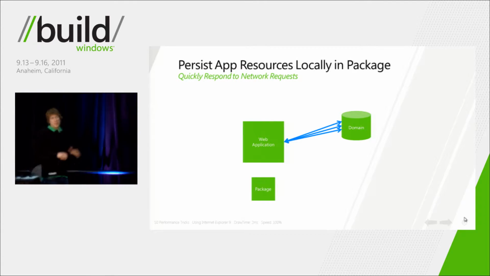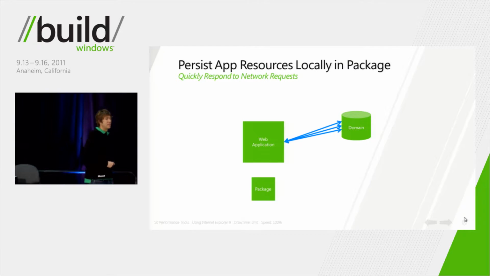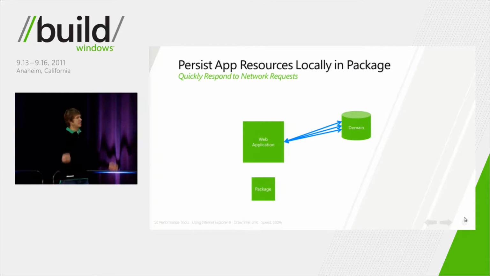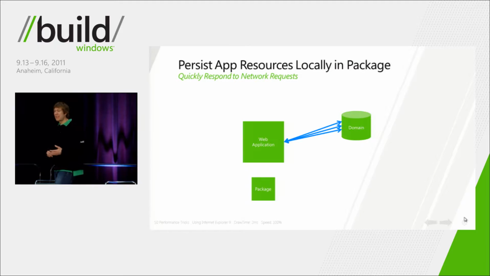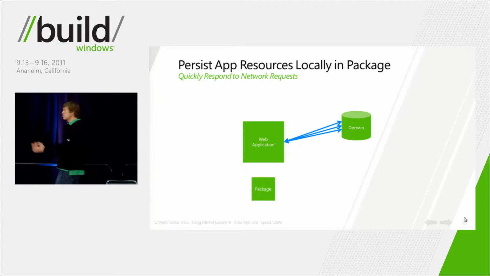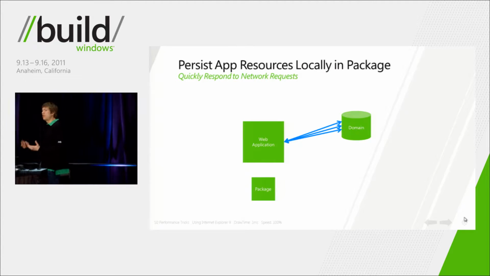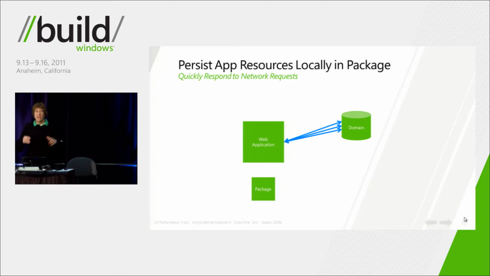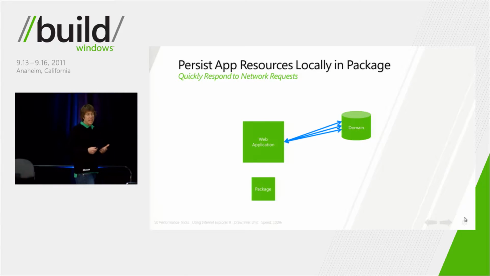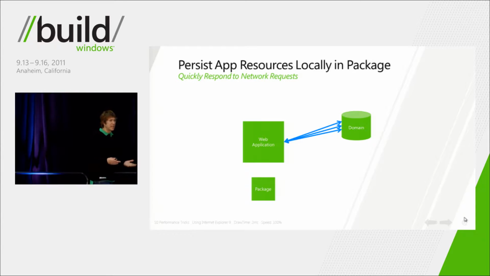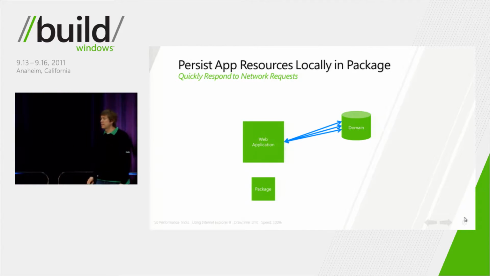Now, the best way to minimize the number of bytes downloaded from the network is to not download anything from the network itself. In the Metro-style applications that you're building, we strongly recommend that you package all of the resources you need for your application inside of the AppX package. That way, your Metro-style application doesn't have to hit the network at all. It doesn't have to go to your server.